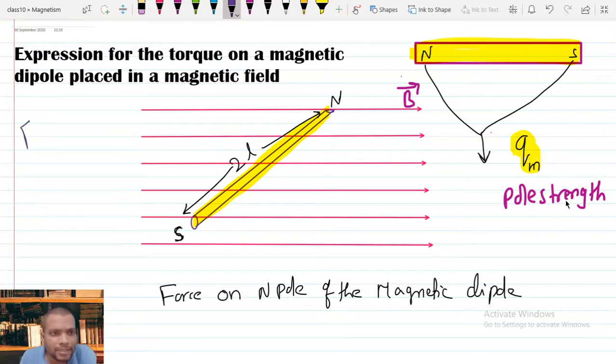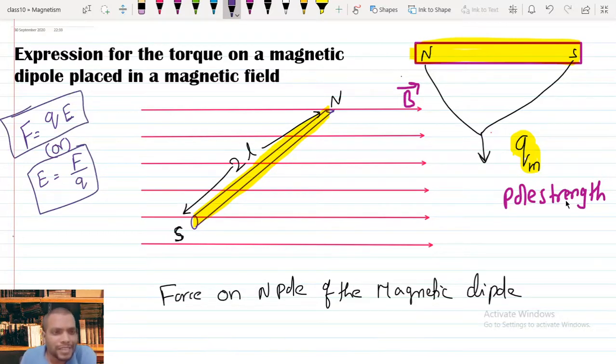From electric fields, if you remember the force and electric field relation, F equals QE, or electric field equals force per charge.